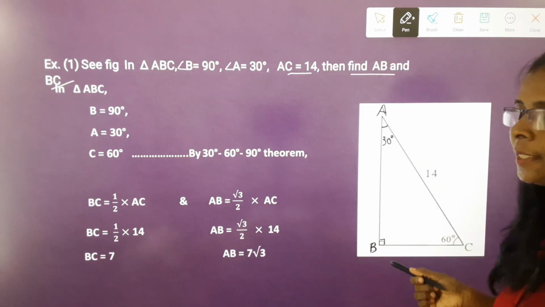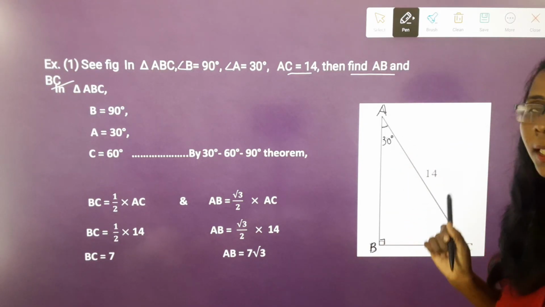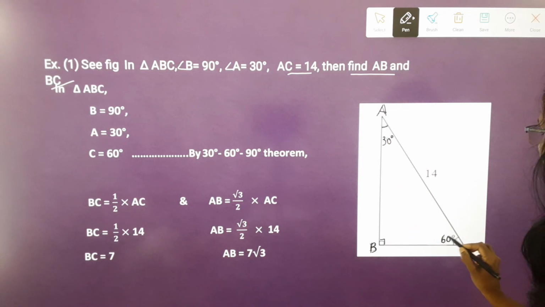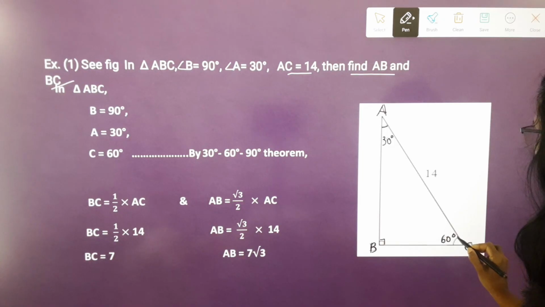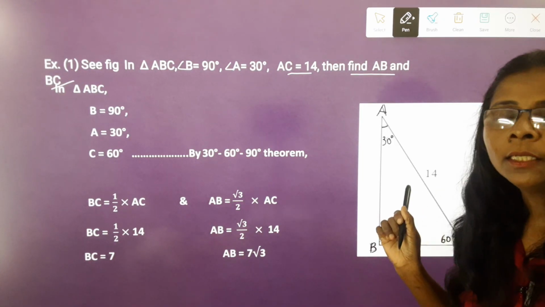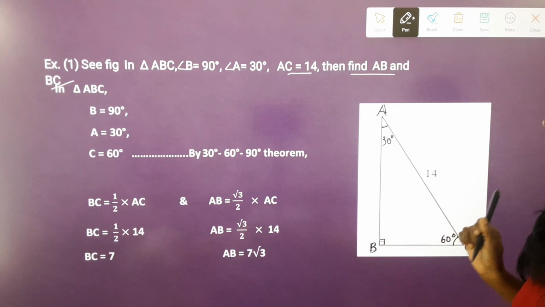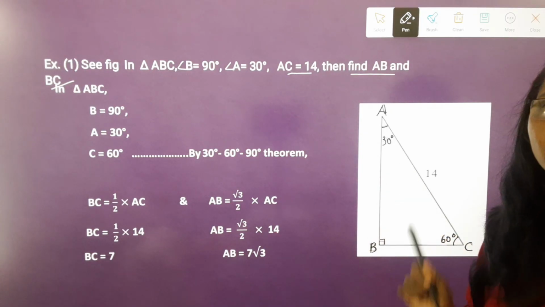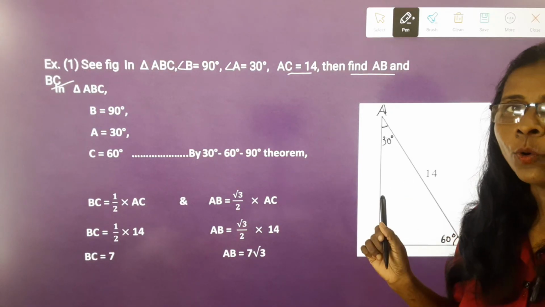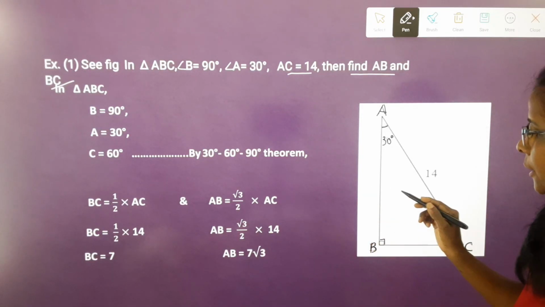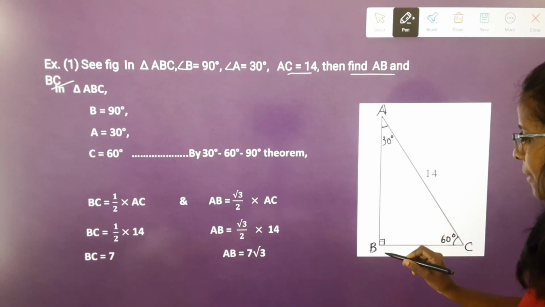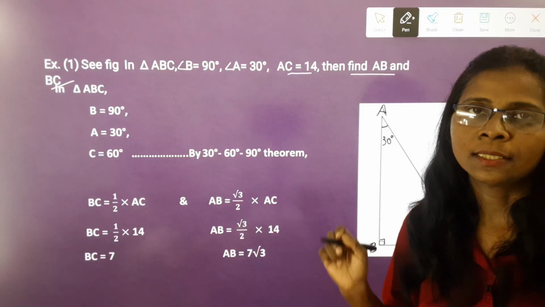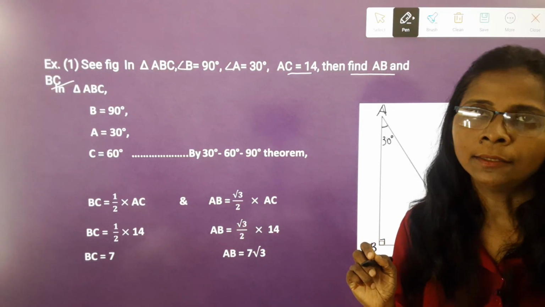So now this angle is 90 degrees, this angle is 30 degrees, then we can say that this angle C is equal to 60 degrees. So this triangle is a 30-60-90 degree triangle. And so if we find out the side AB and side BC, then we can use the property of the 30-60-90 degree triangle theorem.